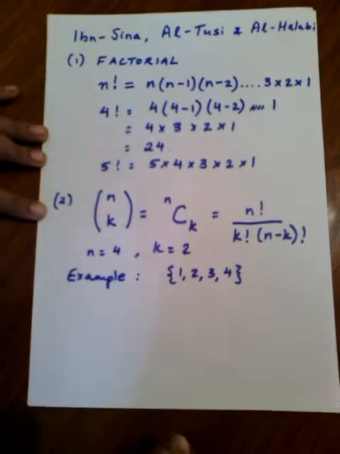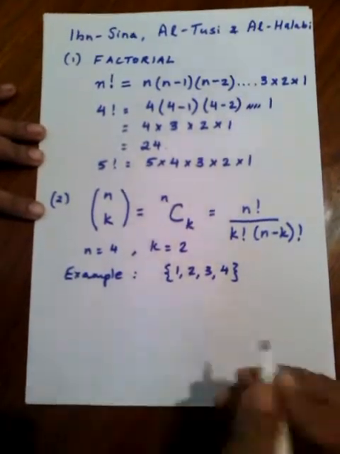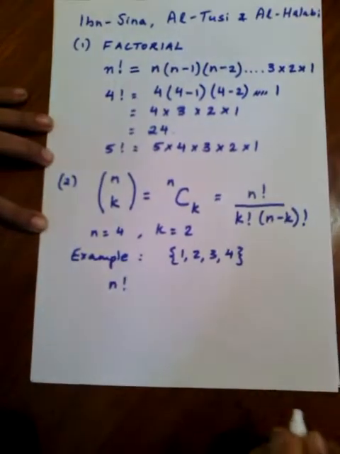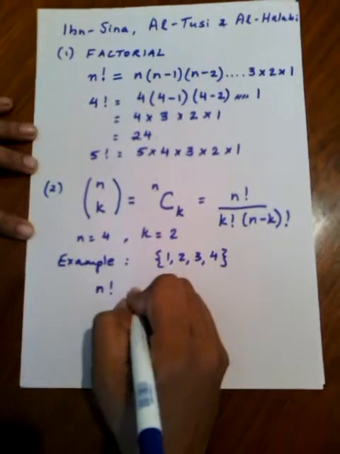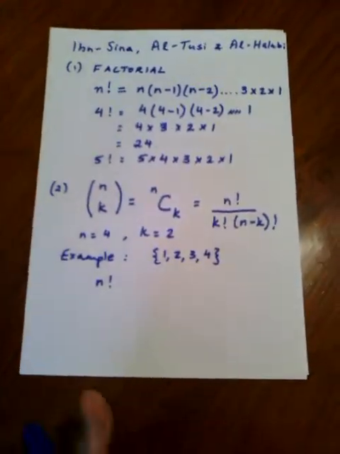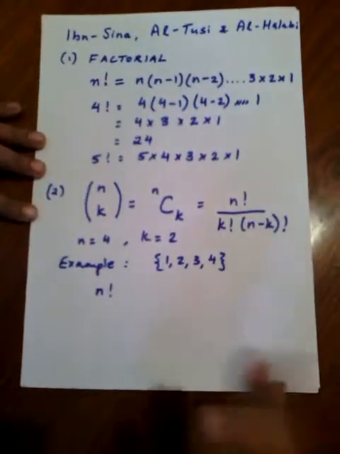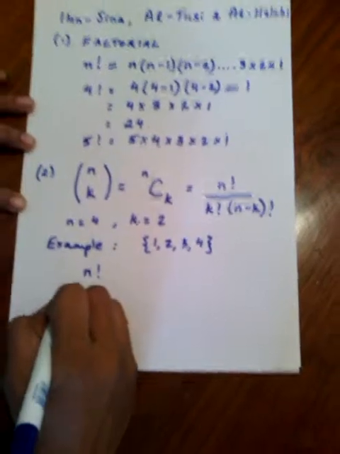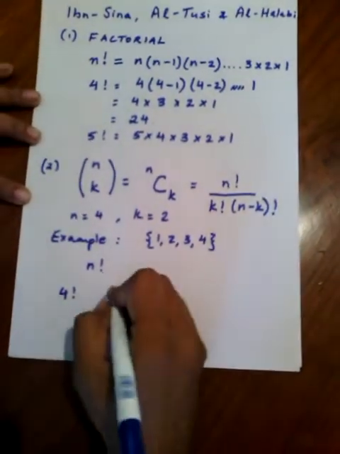The first concept would be to visit what n factorial might be, where n is 4. That means, how many combinations can you make out of these 4 objects? That would be 4 factorial combinations. Why?